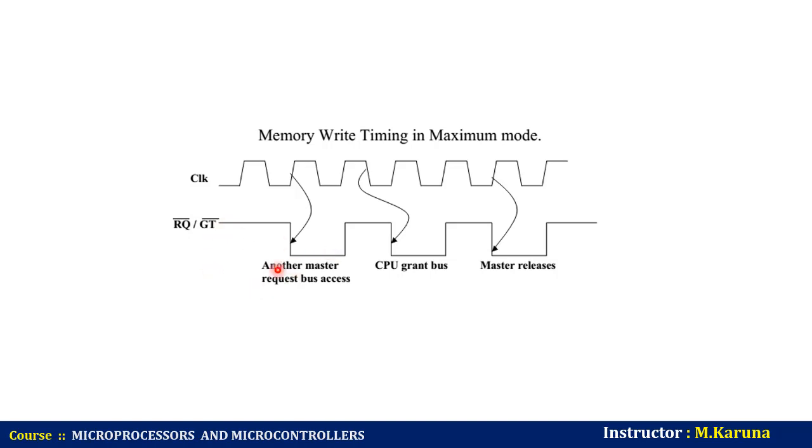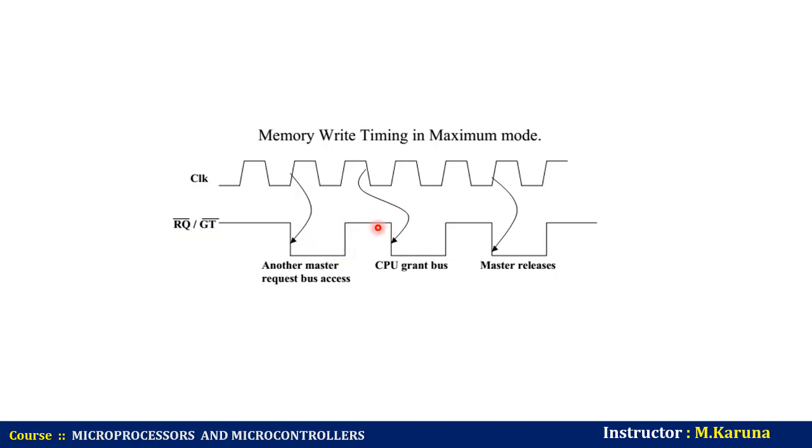DMA sends a request signal to the processor. This request signal will be detected during the edge triggering. Whenever DMA sends a request signal, after some time the processor releases the bus. That means the CPU grants the bus.